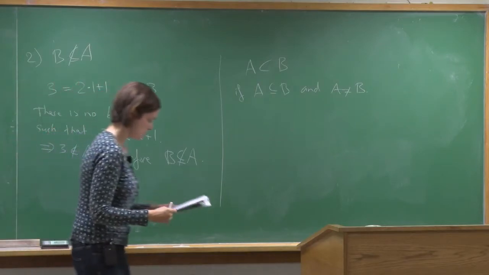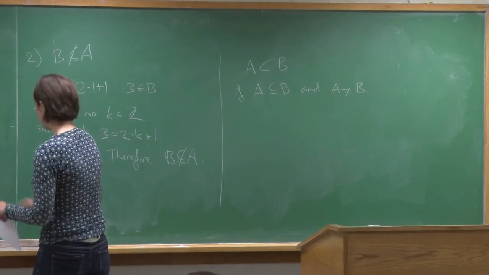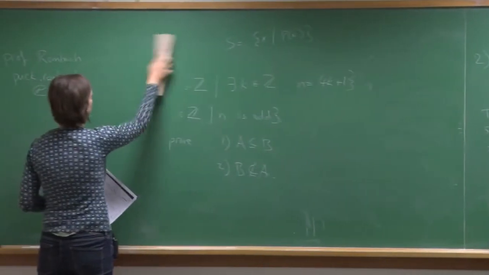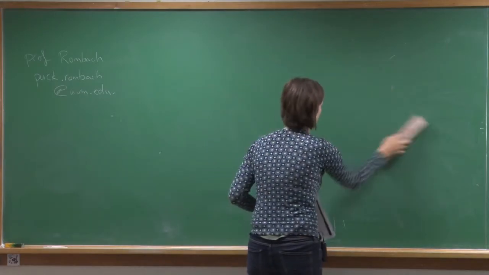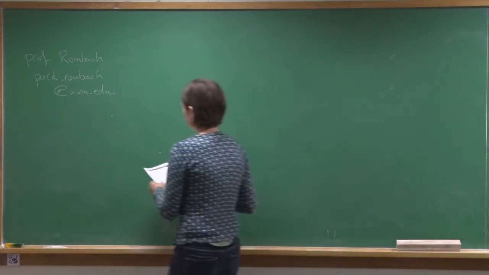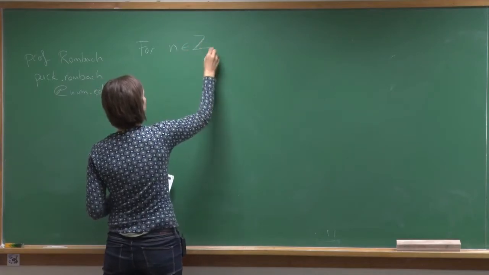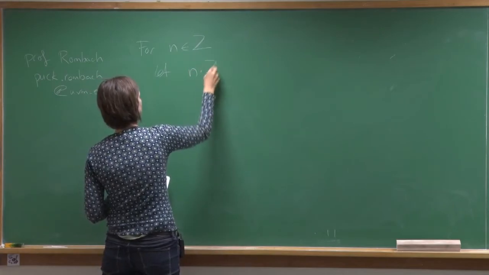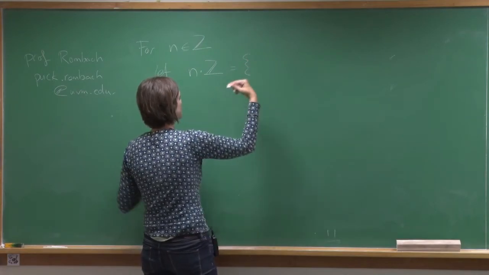Okay, so let's do something more general. So let's go back here. For any integer n, we can define n times the integers as the set of multiples of n.